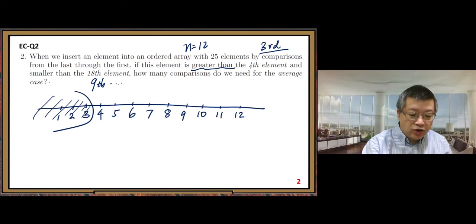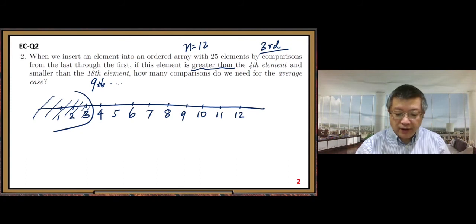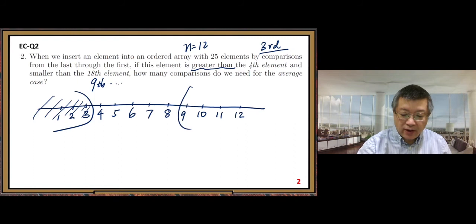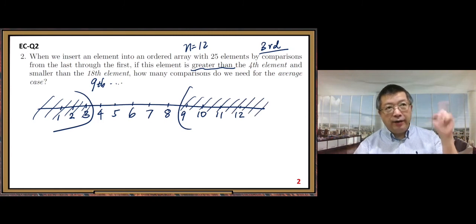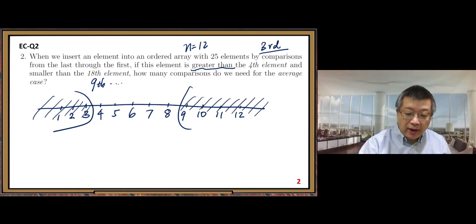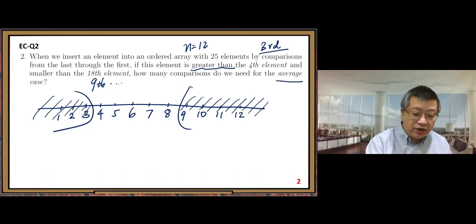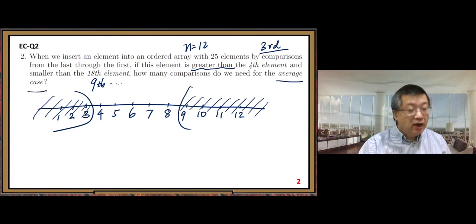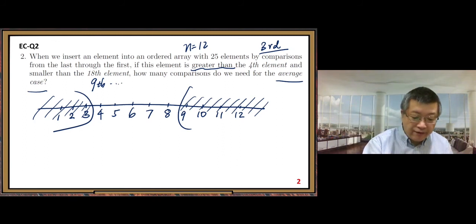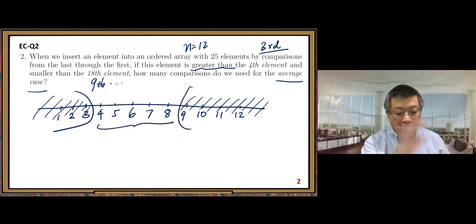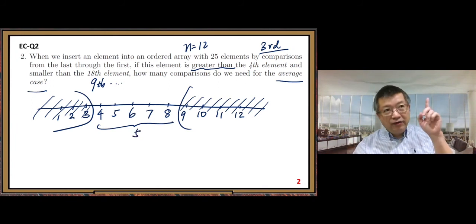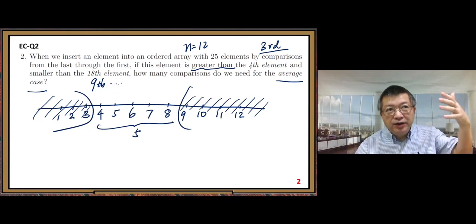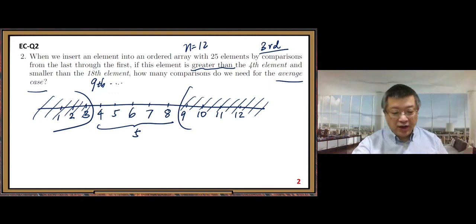Then smaller than ninth, right? So these elements we do not need to touch. Now, when we count the average case comparisons, how many total cases do we have here? Total number of cases, 5 cases. For each case, you need to figure out how many comparisons.